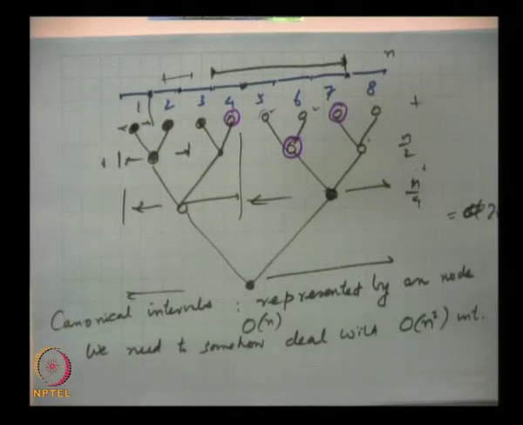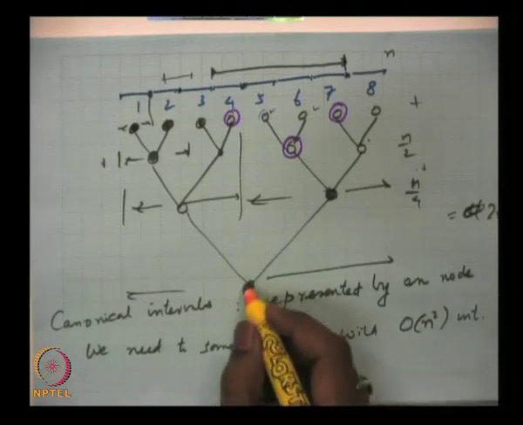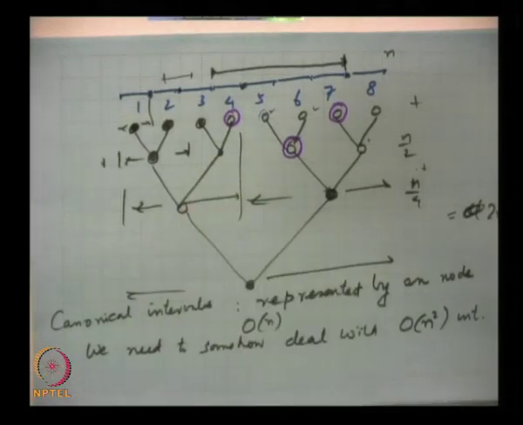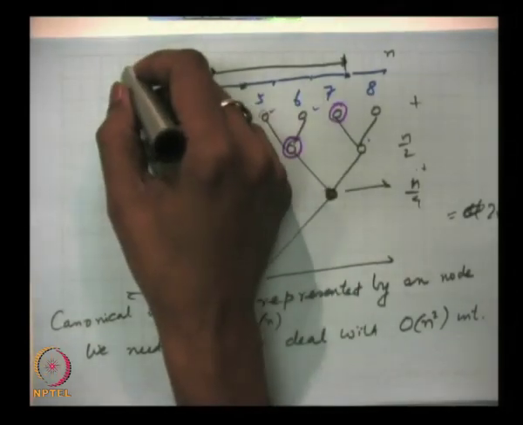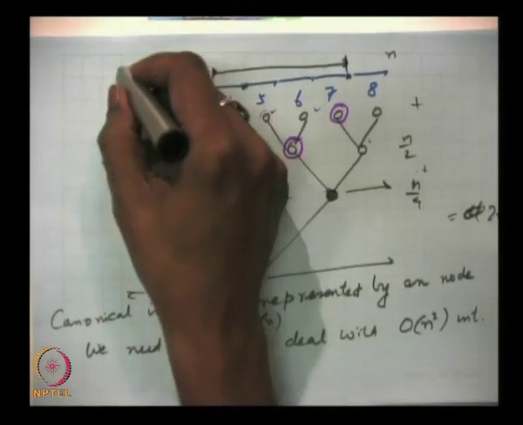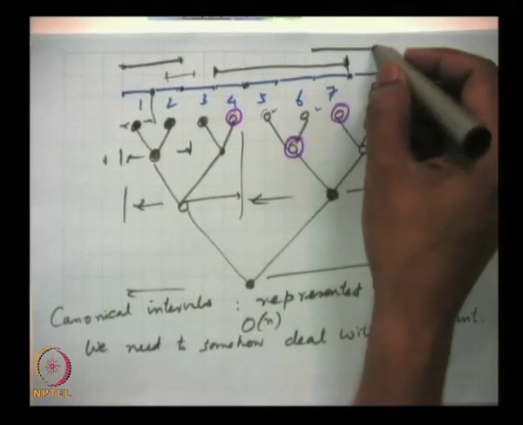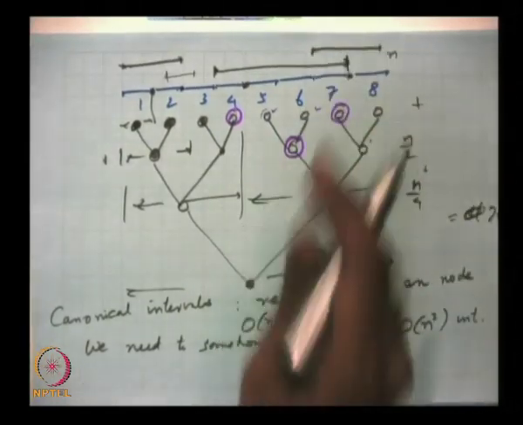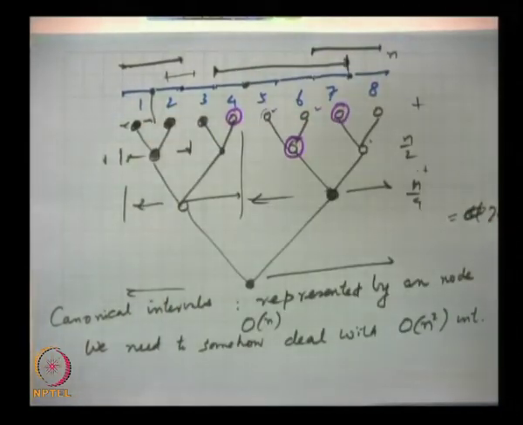And what do I mean by update? Eventually, I have some intervals, not just one interval, maybe this interval, this interval, this interval, etc. And I want to find the total measure of these intervals.